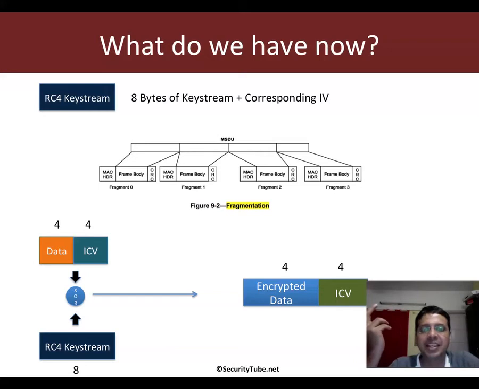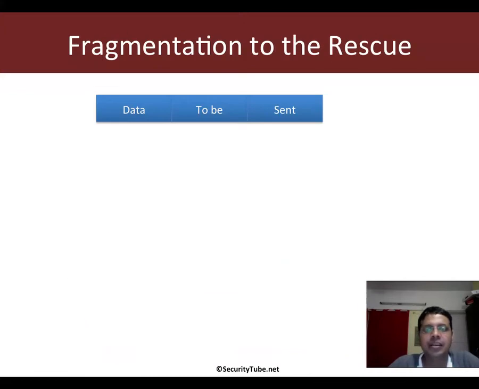But you must be wondering, well, what can we do with just 4 bytes? I mean, nothing is going to fit in there. This is where fragmentation comes to our rescue. So let's say you have a large chunk of data which you want to send over the WEP network, but you are unaware of the WEP key, and all you were able to do till now is figure out 8 bytes of key stream based on the known plaintext attack with the LLC header.